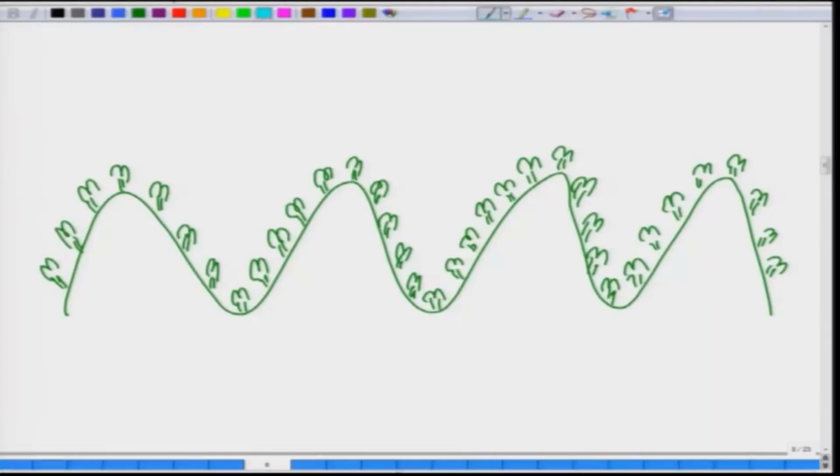At the same time, trees also play a very important role in groundwater recharge. So, for instance, suppose you have a stream that is moving like this. Now, this stream is not only getting water during the rainy season, this stream is wet or moist throughout the year. And why is that so?